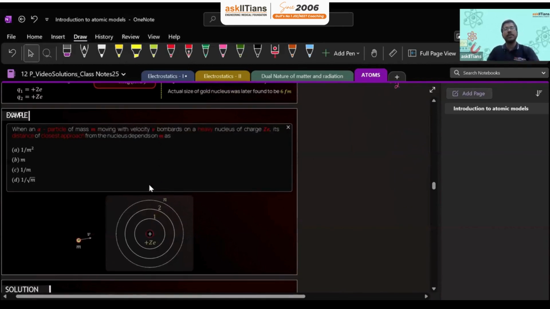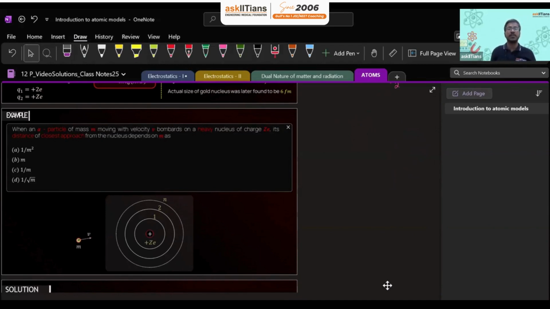Okay, now you can see an example over here. When an alpha particle of mass m and moving with a velocity v bombards a heavy nucleus of charge Ze, its distance of closest approach from the nucleus depends on m as. The options are 1 by m square, m, 1 by m, and 1 by root m.